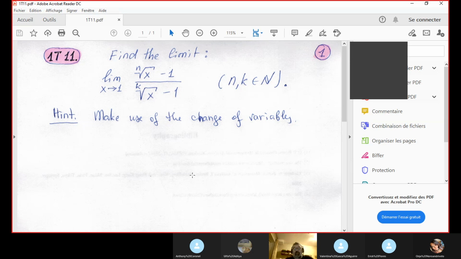No. Try to define your x as 1 plus t to the power n times k. What do we have?